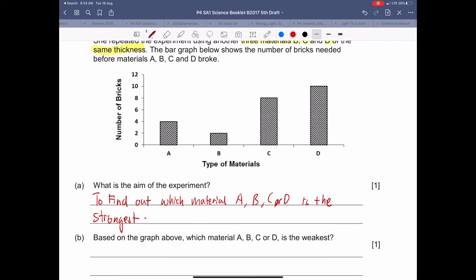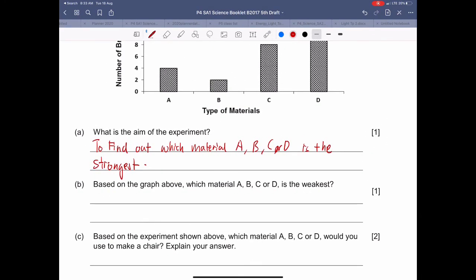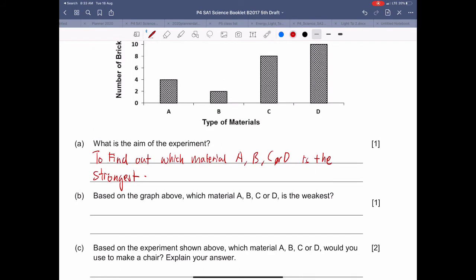Very straightforward question. Based on the graph above, which material, A, B, C, D, is the weakest? They did not ask you to explain. So in this case, the answer will be B. Why? Very straightforward. It broke at 2. When it comes to graph reading, attention, students, is very important.